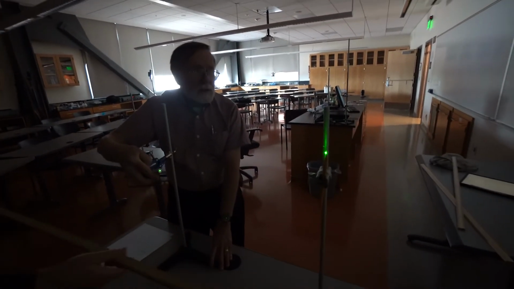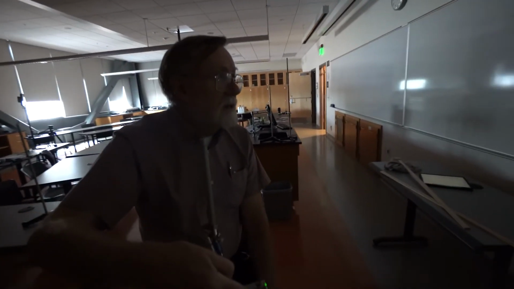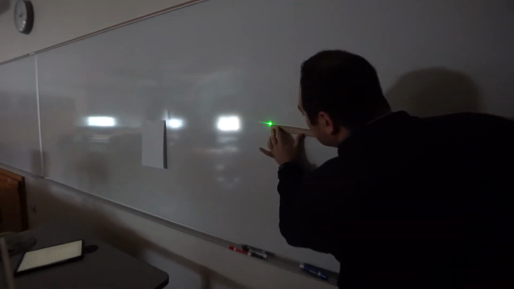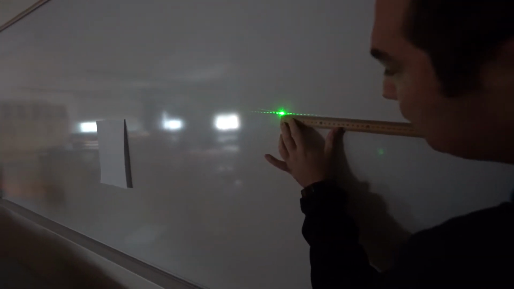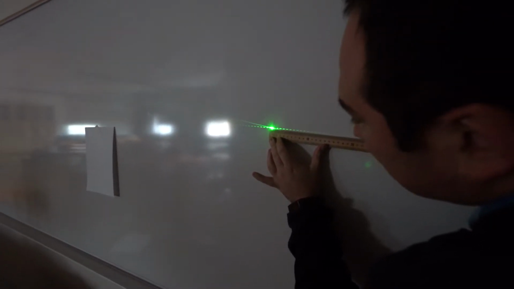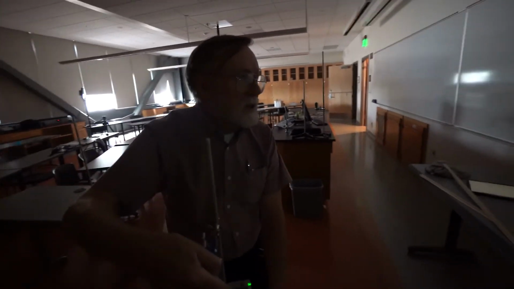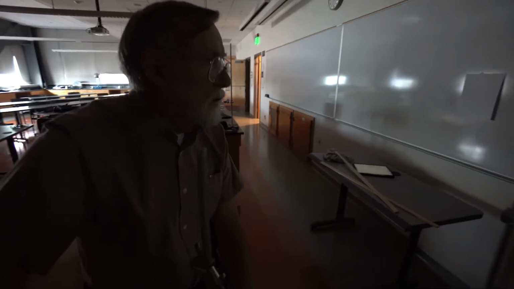Now we're going to measure the distance from the central bright spot to the second dark spot. So N will be 2 in the formula for the interference pattern. 3.3 centimeters to the second dark spot of the interference pattern from a human hair.